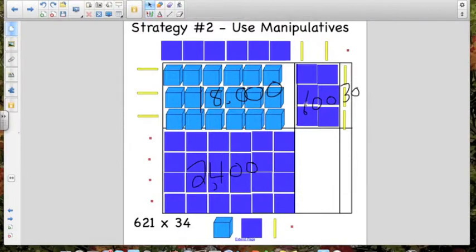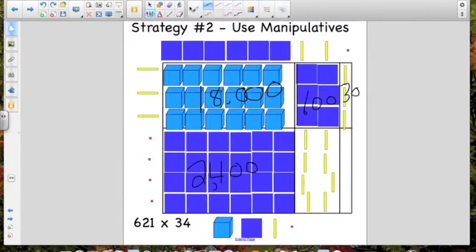Moving over to the right, we have 2 tens times 4 ones. So each of those tens times a 1 would give us a 10. 10, 20, 30, 40, 50, 60, 70, 80.